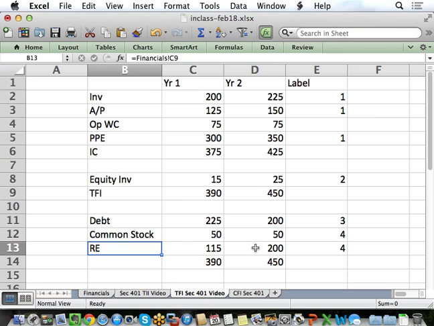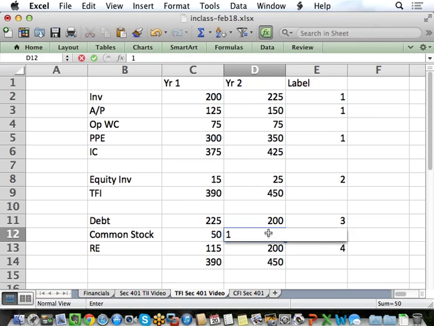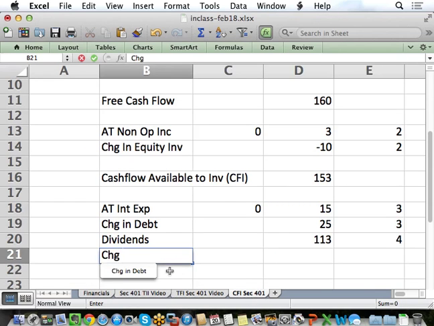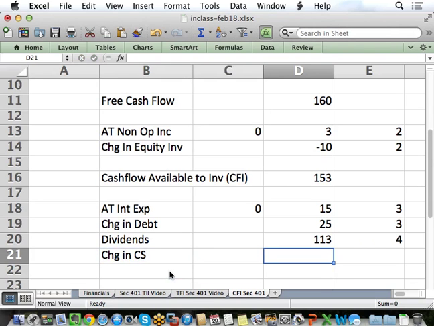So let's assume this company issued new stock, and it went from 50 to 100, or 50 to 80, just for kicks. What would happen to our CFI if it went from 50 to 80?